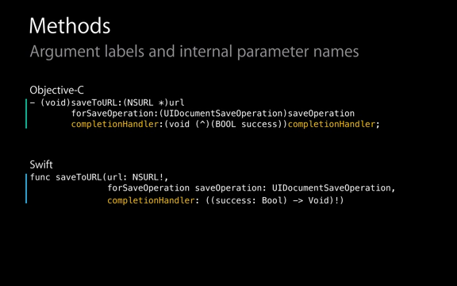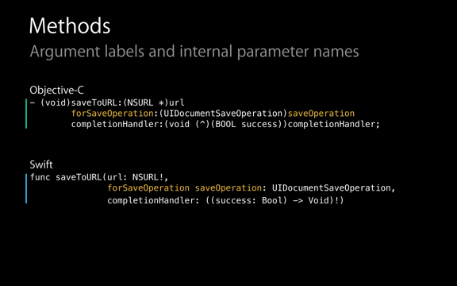We do a little bit of syntax optimization here in Swift, so you just write the name once. It serves both as the label and the internal name. If you want those names to be different, fine, we can handle that too. You just write the two names next to each other. The first one is the label, because that's what's important for the caller to use. And then the second one is the internal name that you're going to use within the implementation of your method.